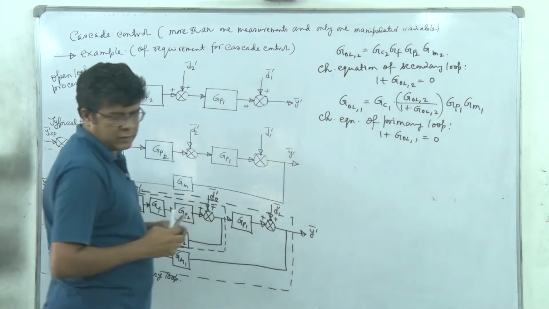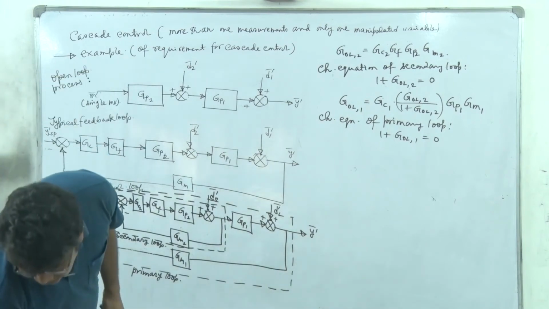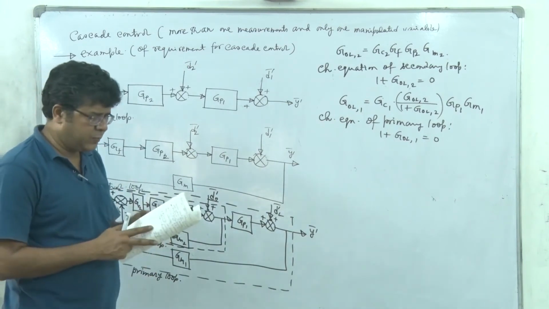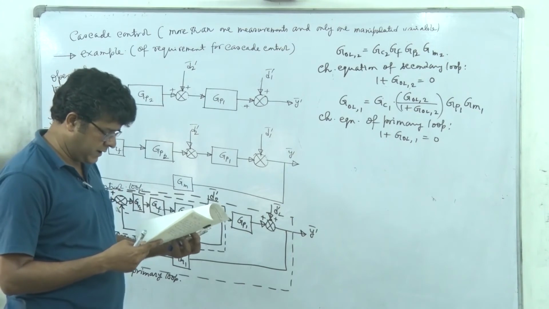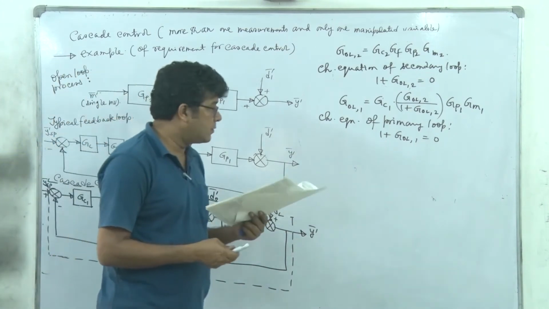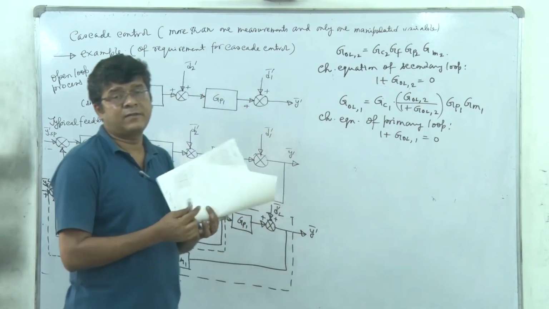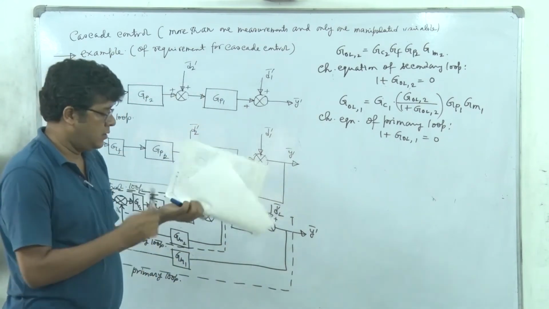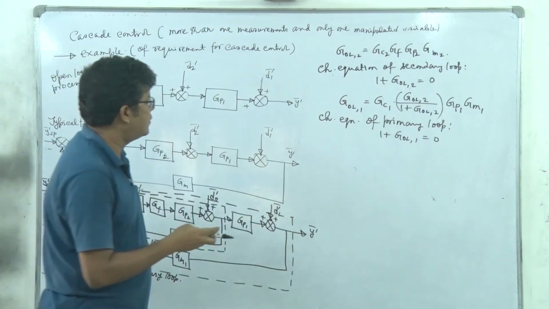Right. So you see there are some salient features of this cascade control loop which now I would like to summarize. The first one, what will be the choice of controller? Right. What will be the choice of controller?